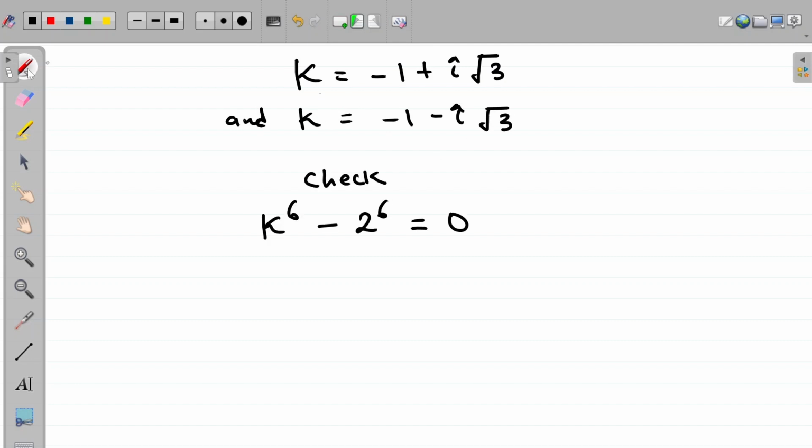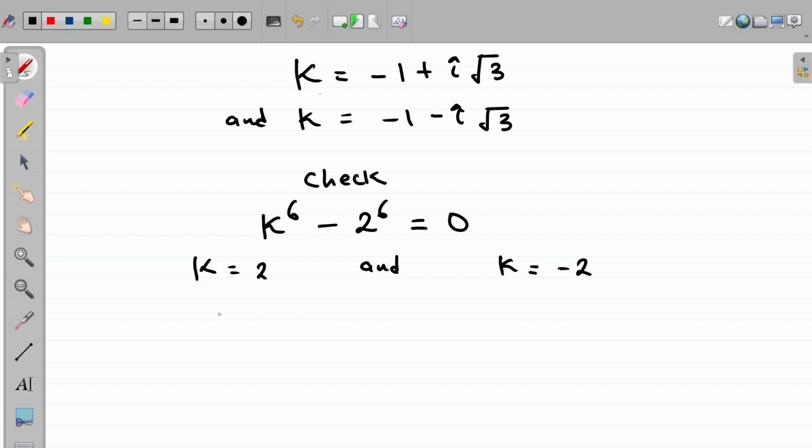Now let's check if our solution is correct. We have two real numbers, that k is equal to 2 and k is equal to negative 2.